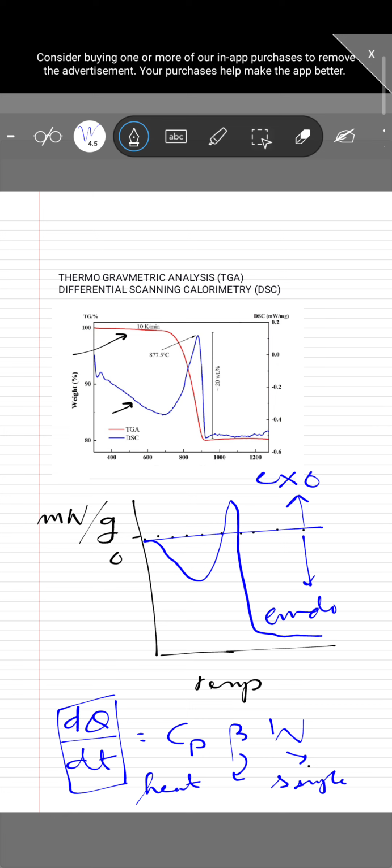Now this is expressed as joules per second or watts.